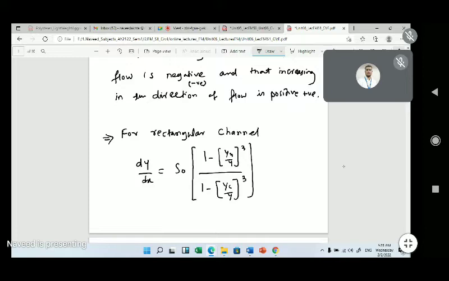This is the equation for the wide rectangular channel. I will call it equation number 4.